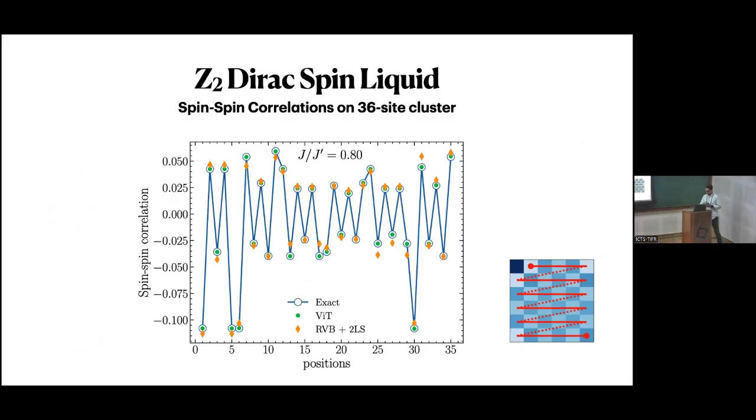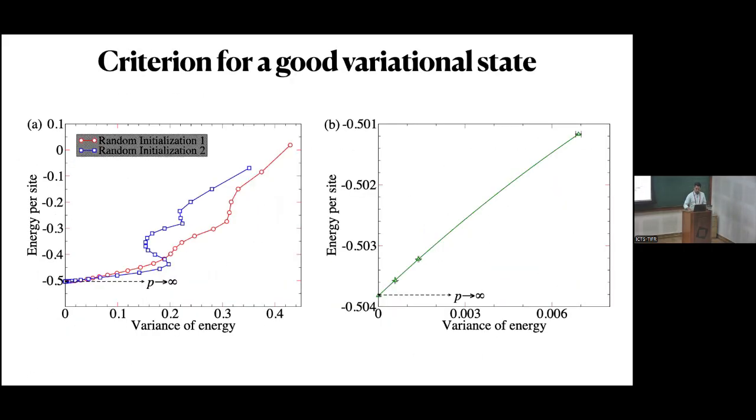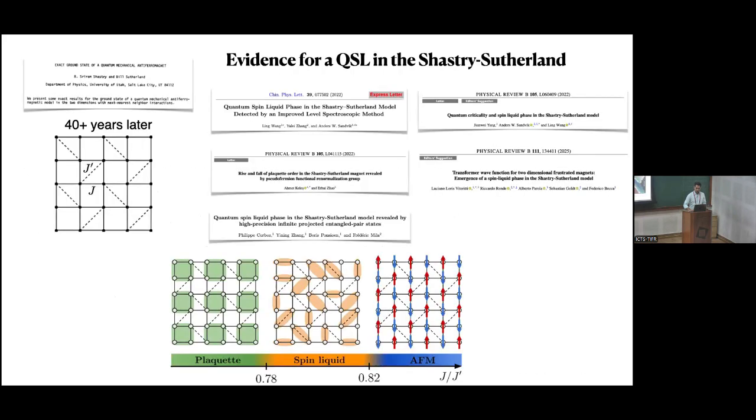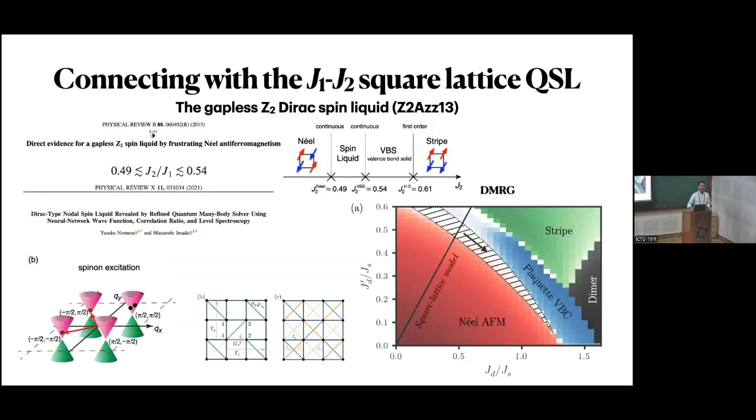Oh, sorry. Yeah, for the robustness, there's no change in the low line if you throw randomness.